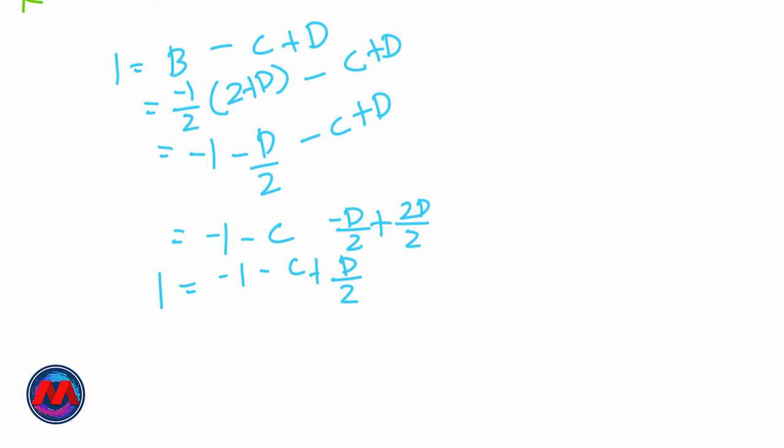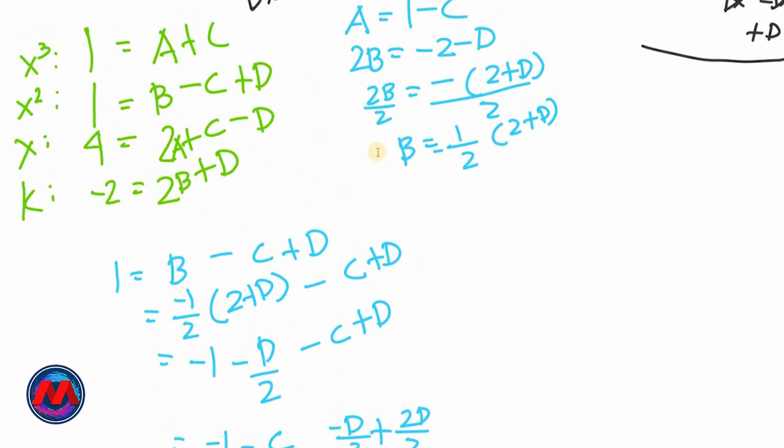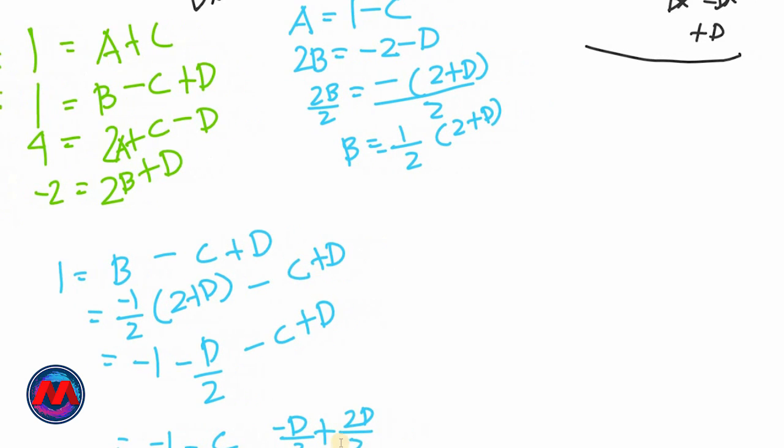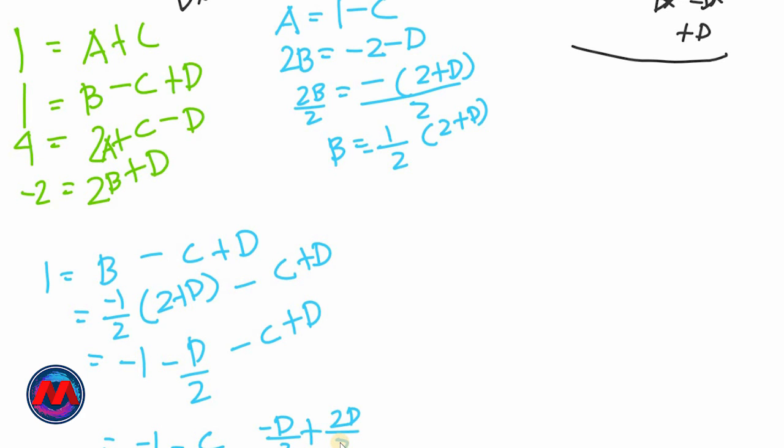So, yan, alam na natin yung value niyan, ngayon, i-substitute naman natin yung value ng A dito sa third equation, which is equal to, pag i-multiply natin yan, that's 4 is equals to 2. Yung value ng A is 1 minus C. Oh my God, hindi siya looking 1 minus C. 1 minus C times, plus C pala.